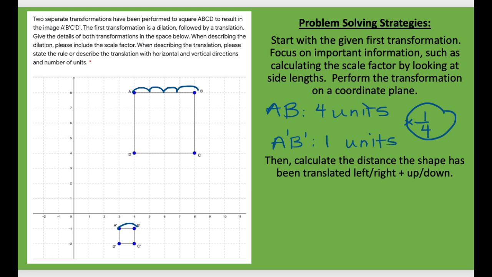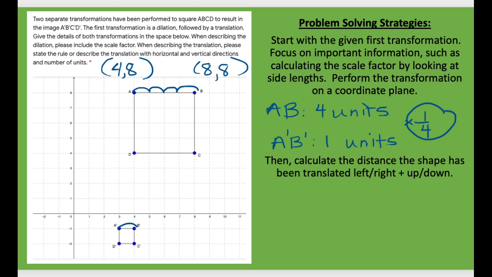So now that I've figured out my scale factor, I'm going to actually figure out the coordinates of the dilated version of ABCD. So let's look at each of the points. A is located at 4, 8. B is located at 8, 8.